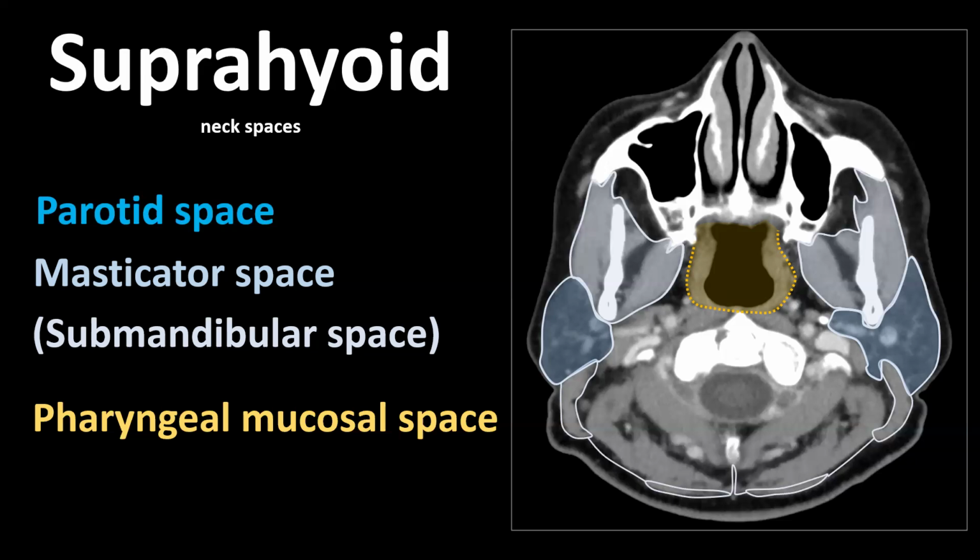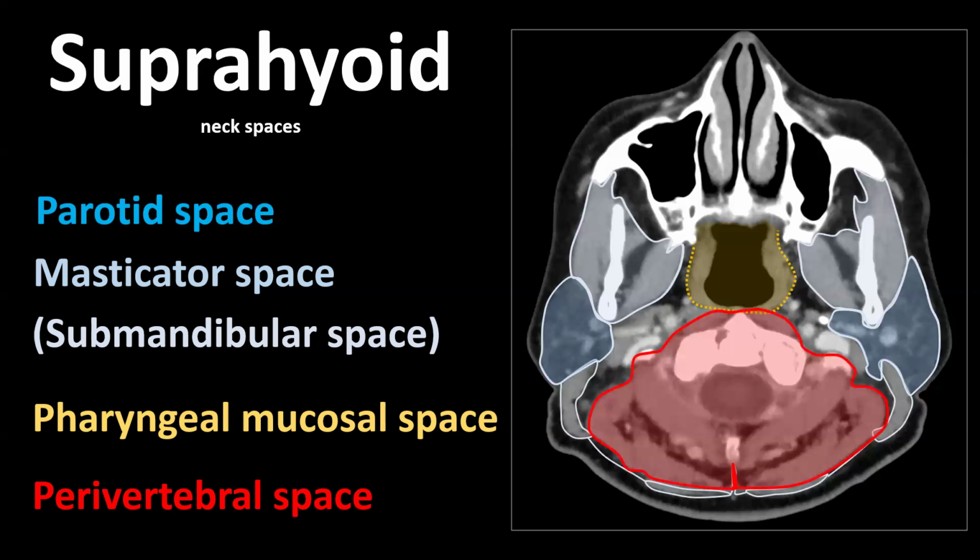Then let's draw the deep layer of the deep cervical fascia. And this, as in the infrahyoid neck, encloses the perivertebral space. Then we have some additional spaces that are not completely encircled by one specific type of deep cervical fascia, but are basically located behind several types of cervical fascia.